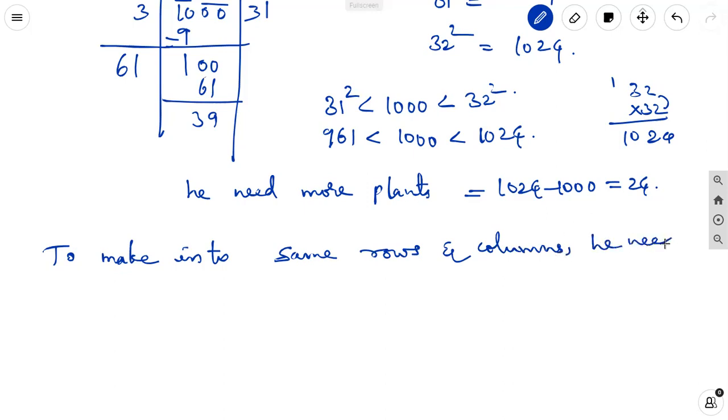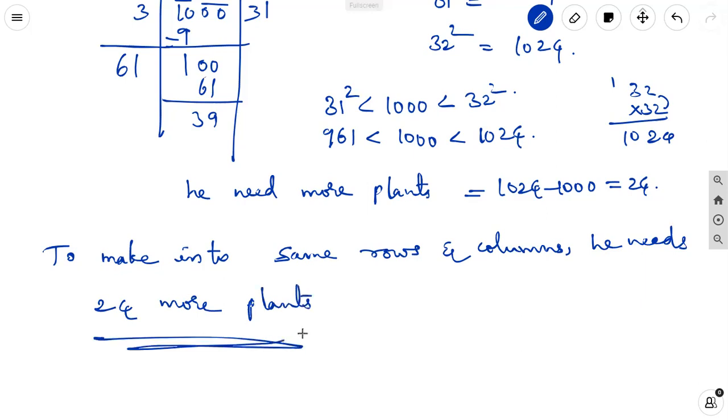He needs 24 more plants. This is the answer. Okay. Next problem.